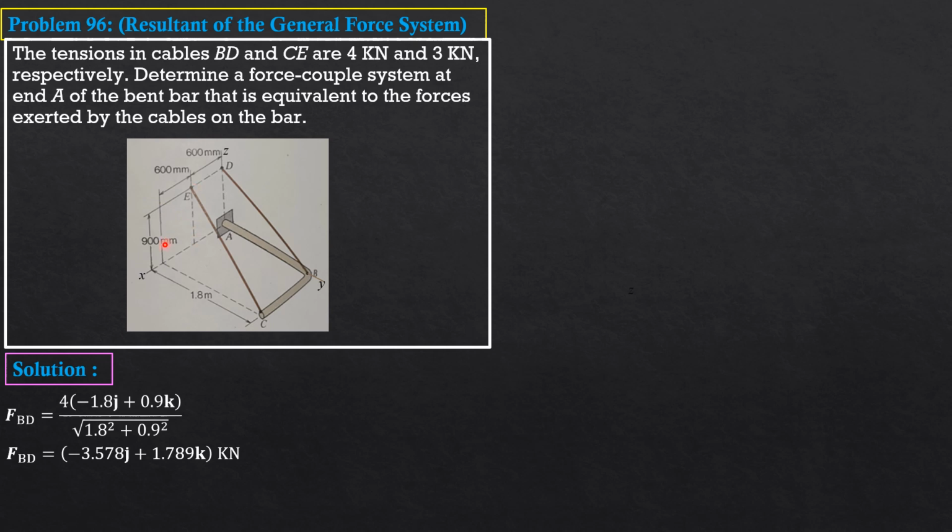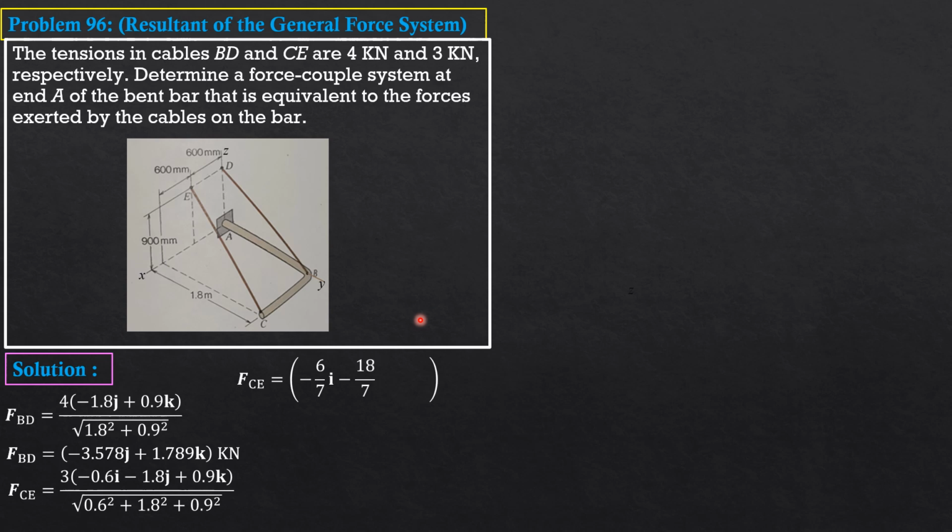So FCE is 3 times the quantity negative 0.6 i, negative 1.8 j, positive 0.9 k over square root of 0.6 squared plus 1.8 squared plus 0.9 squared. So FCE in vector form is negative 6 over 7 i, negative 18 over 7 j, positive 9 over 7 k kilonewtons.